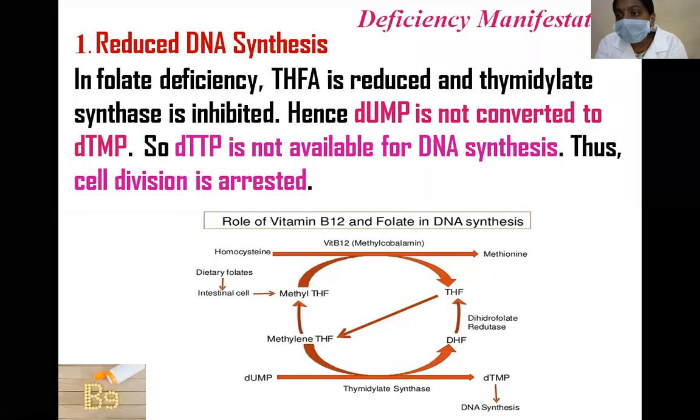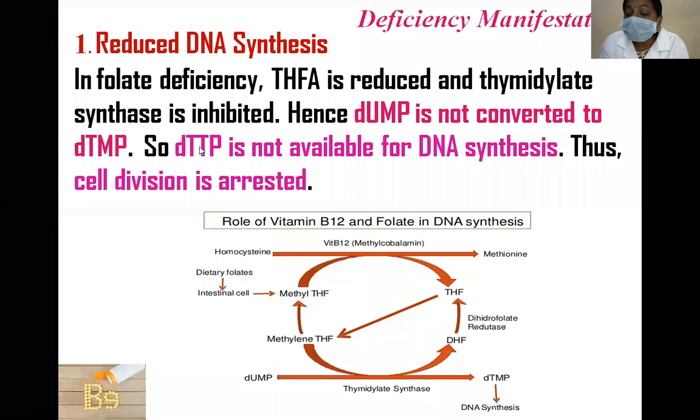The folic acid coenzyme is tetrahydrofolate, mainly involved in one carbon metabolism. It is involved in amino acid synthesis and purine and pyrimidine synthesis.